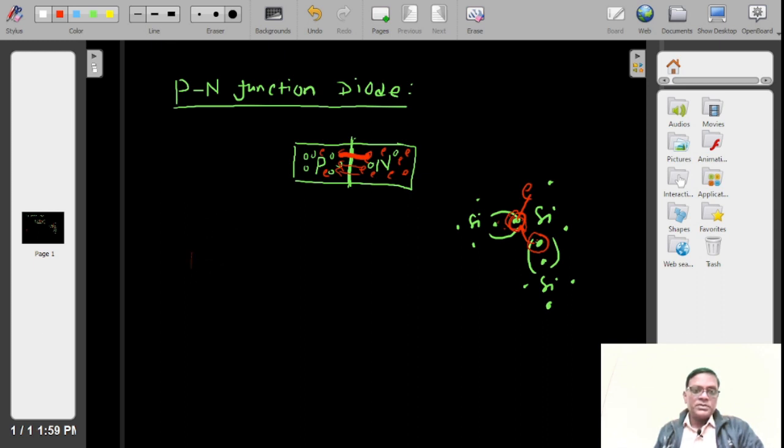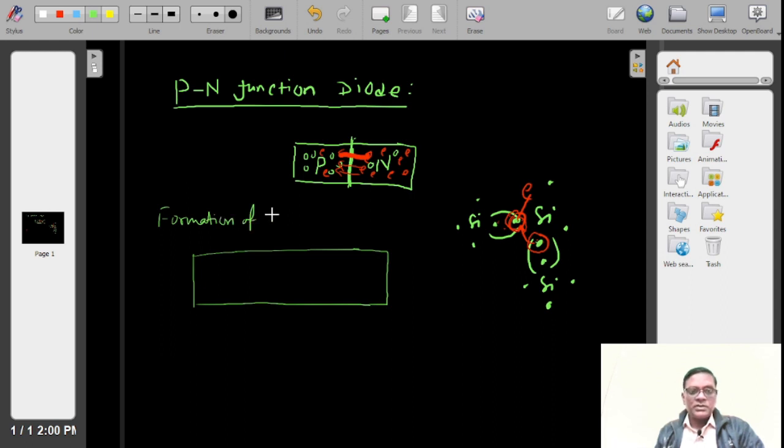Once we talk about the structure of p type and n type, the formation of the depletion region.